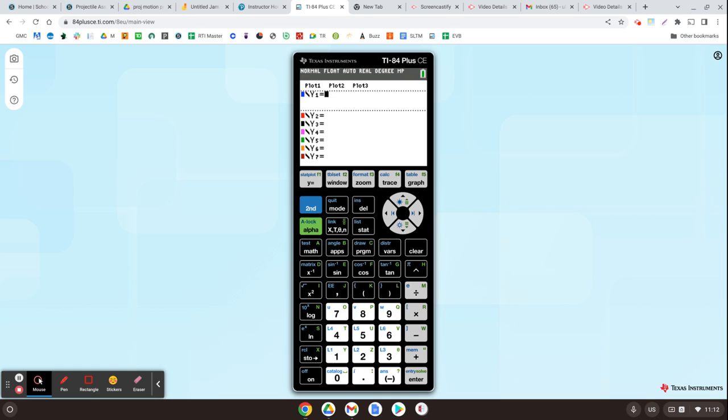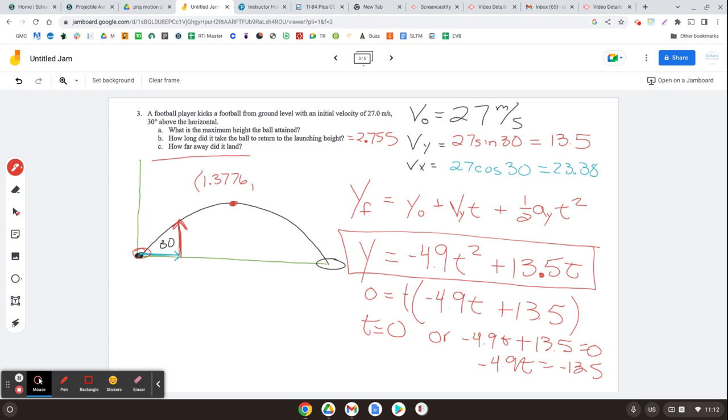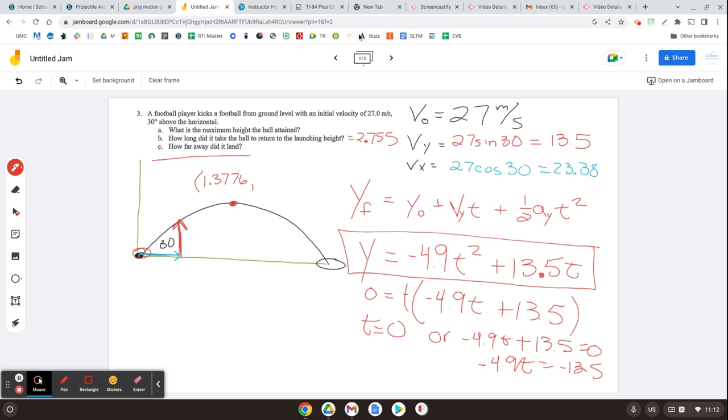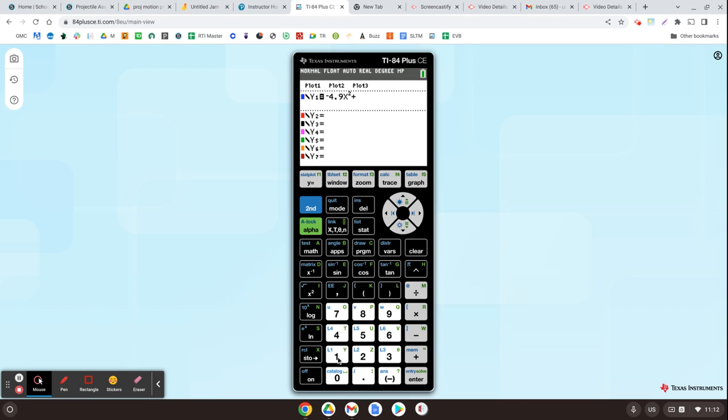Y equals negative 4.9 t squared plus 13.5 t.